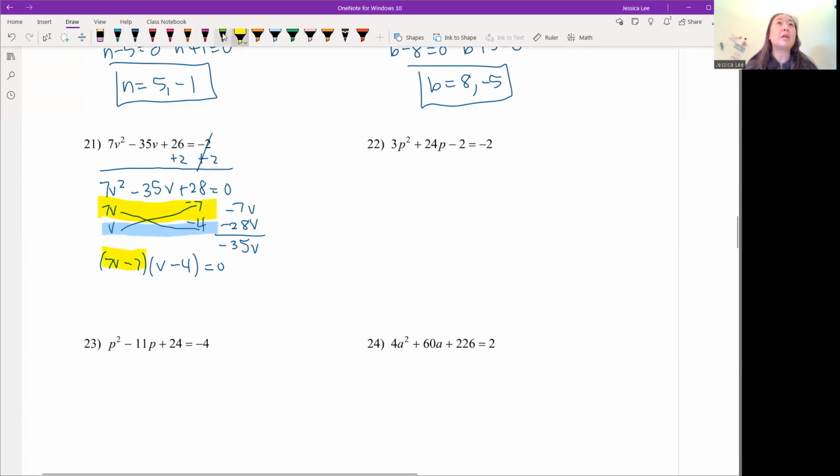So that's this yellow, and goes with the yellow. Blue goes with the blue. So this is going to be 7b minus 7 is equal to 0, and b minus 4 is equal to 0. Do a little bit of algebra here. We get 7b is equal to 7, which means b is equal to 1. All right, and then so we got b is equal to 1, and this is going to be just positive 4.